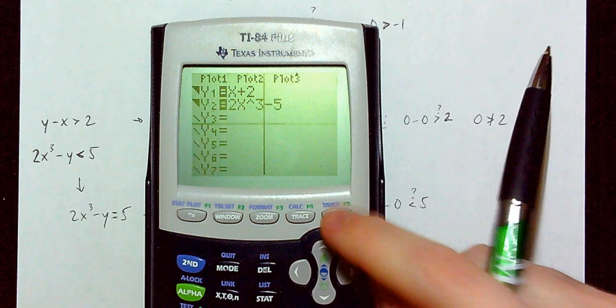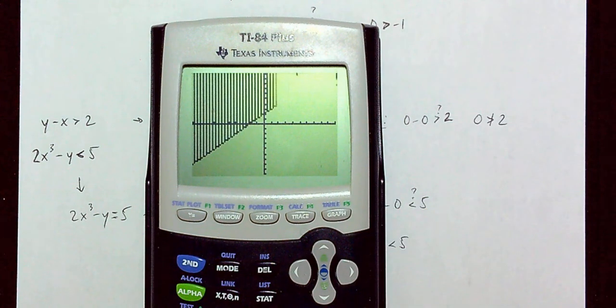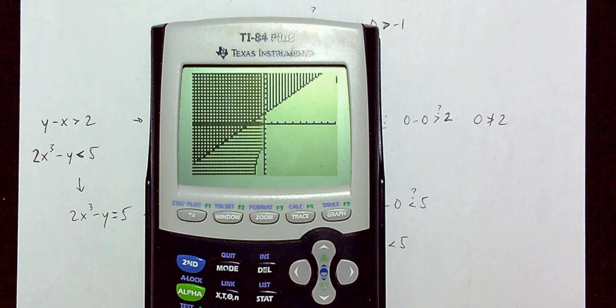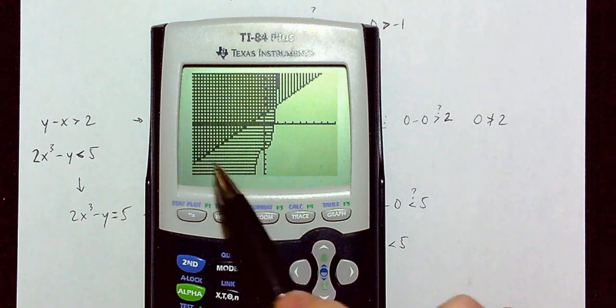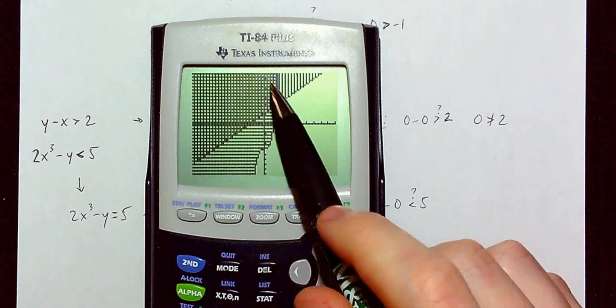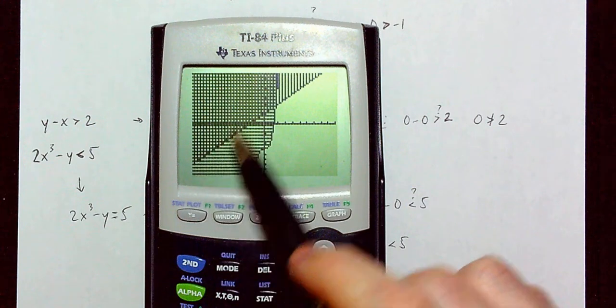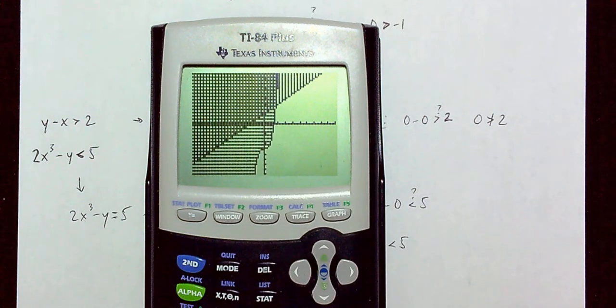So if I graph this, there's everything above our line, and there's everything above our cubic function. So what are the solutions? Any point in this checkered area where the horizontal and the vertical lines are overlapping.